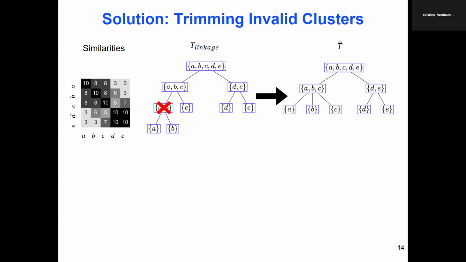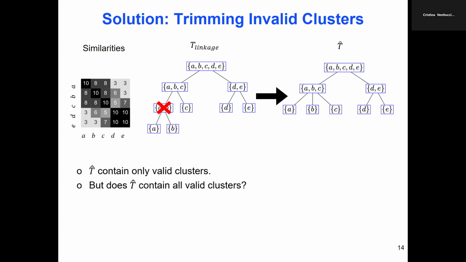It's a valid hierarchy because all these clusters are indeed valid clusters in my data, but is it the largest one? That's still to be seen. So that's by construction. The question we have is whether it contains all the valid clusters.